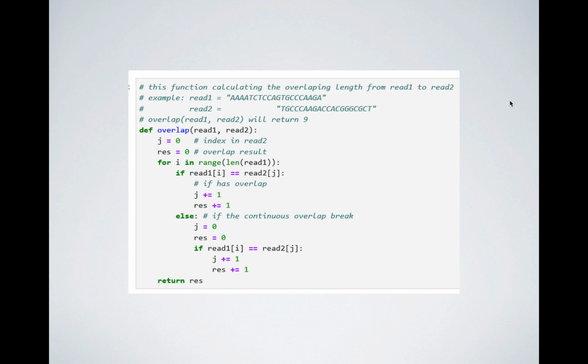To be very clear for understanding, we wrote a lot of comments right next to these codes, and we hope that will help explain our functions more clearly. So that's the first one, just for calculating the overlapping length from read 1 to read 2. We give 2 specific examples of how that would work.